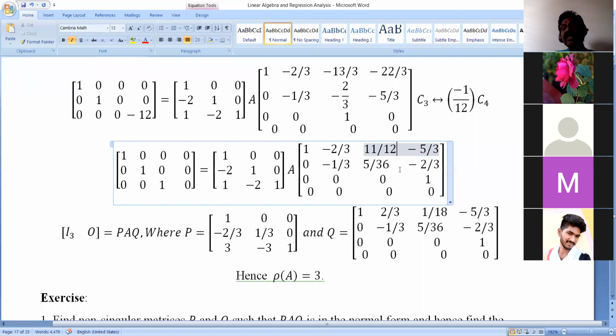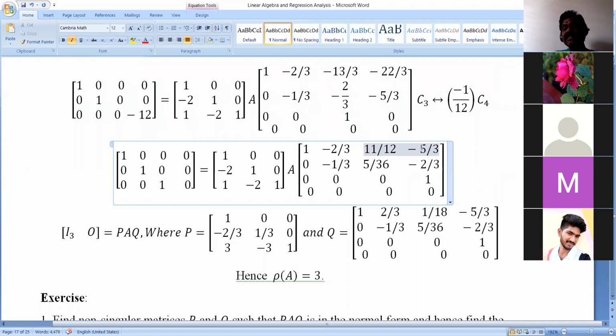Next, minus 5 by 3 into minus 1 by 12, that is plus 5 by 36. Next, 0 0, and then interchange this third column with the fourth column.